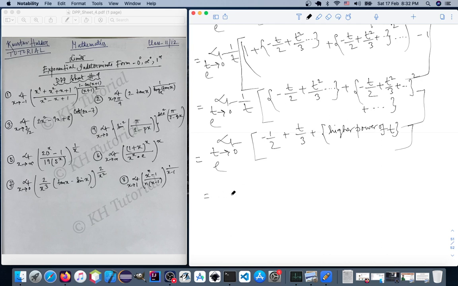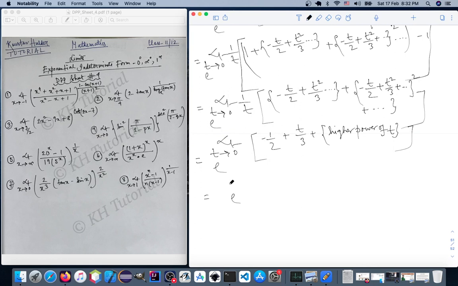So this becomes e to the power minus half. This is 1 by root e. 1 by root e is the answer.